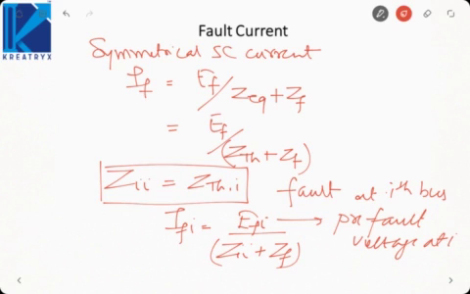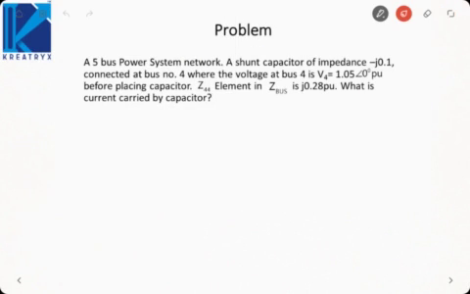So let us take an example of calculating the short circuit current, or calculating the current drawn by some load when it is connected to a bus whose Z-bus is already known. So in this example, a power system network with 5 buses is given to me.